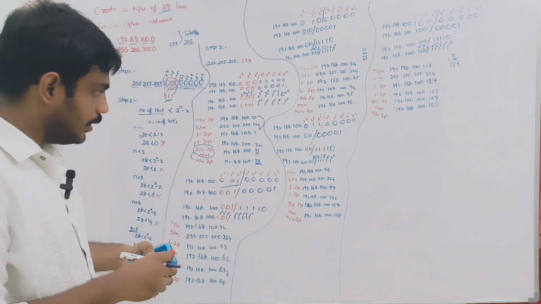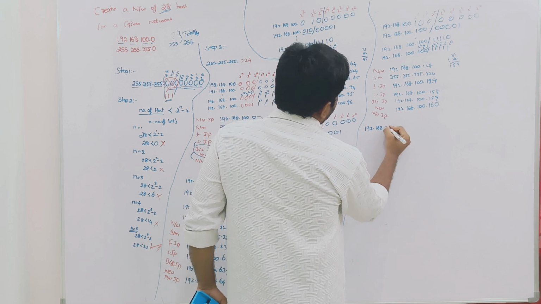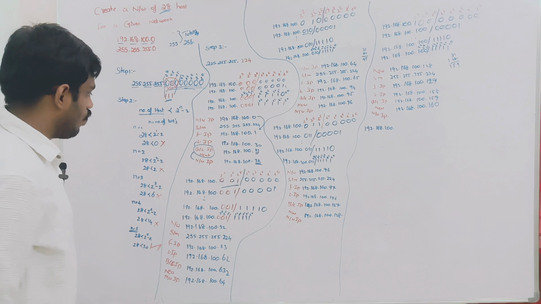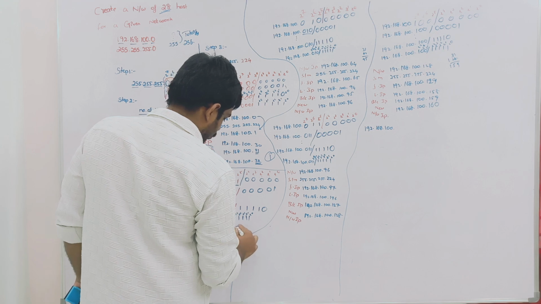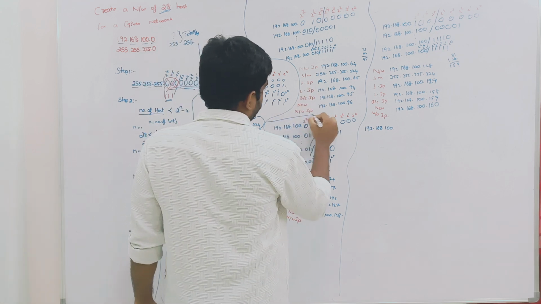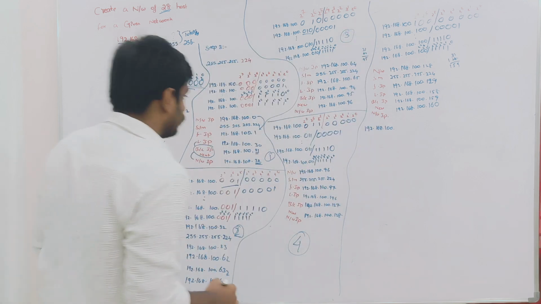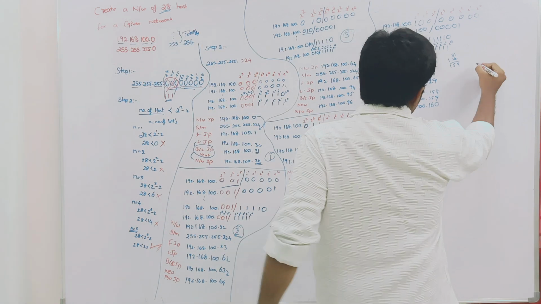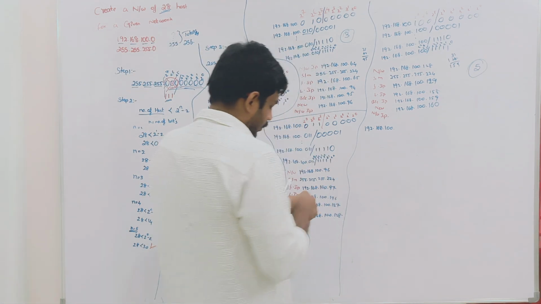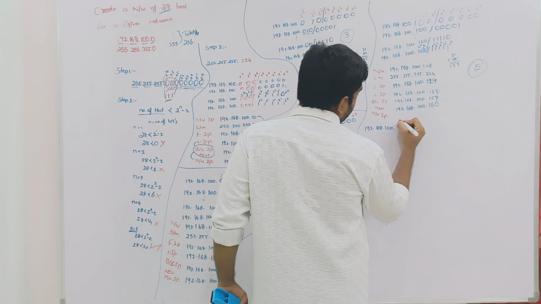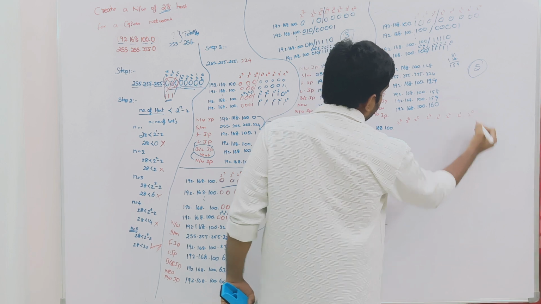Okay. Wait. 1, 2, 3, 4, 5, 6. So again I am saying, you write 2 power 7, 2 power 6, 2 power 5, 2 power 4, 2 power 3, 2 power 2, 2 power 1, 2 power 0.